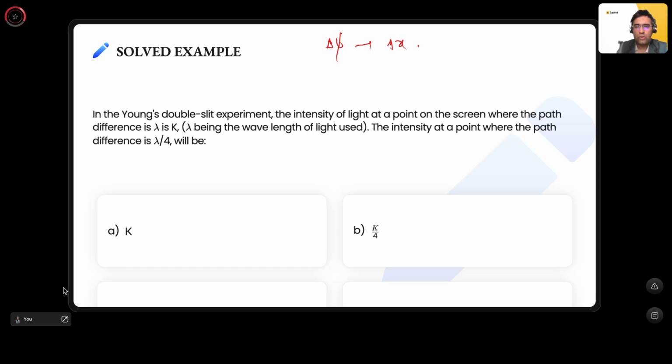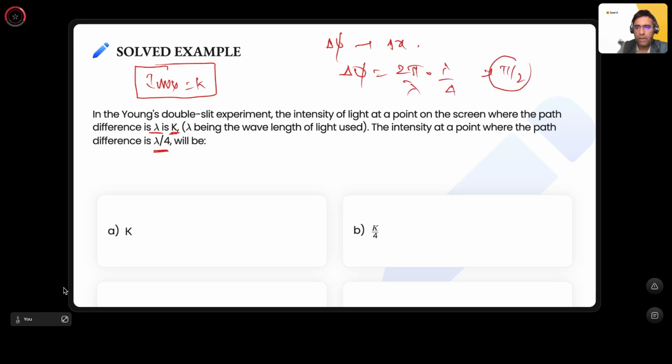All right. So path difference हमें पता है कि at a point where the path difference is lambda, इसकी intensity वहां की दे रखी है, तो I max basically हमें दे रखा है k के बराबर. Alright, अब जहां पे lambda by 4 होगा path difference, तो phase difference कितना हो जाएगा? 2 pi by lambda into lambda by 4, so it will again come out to be pi by 2.